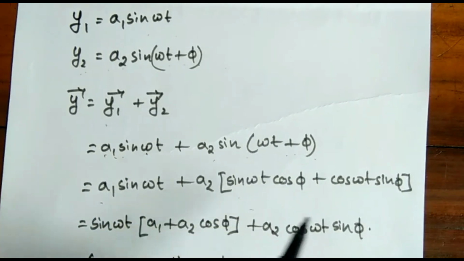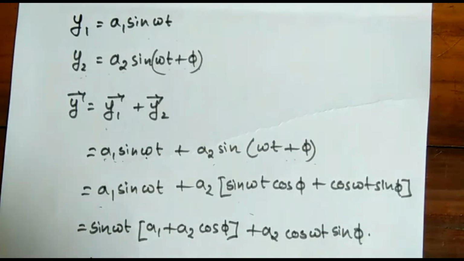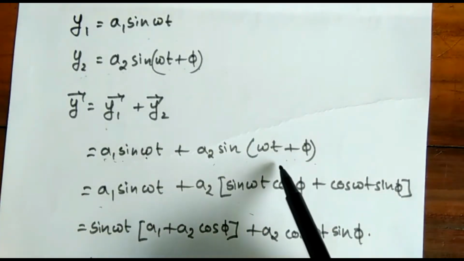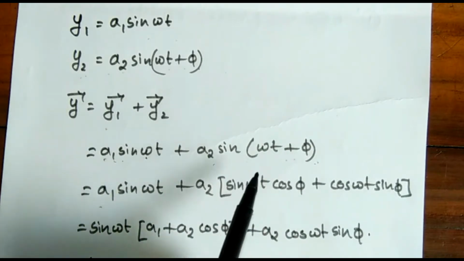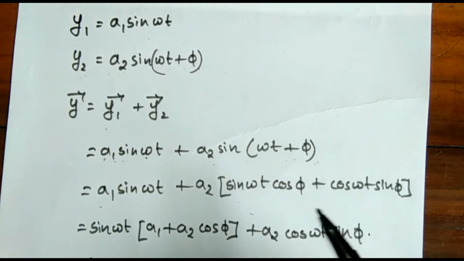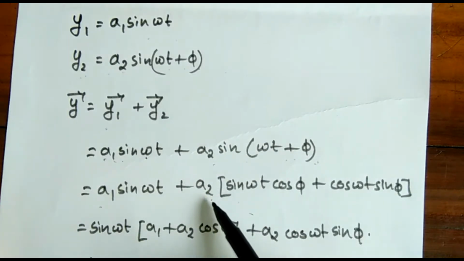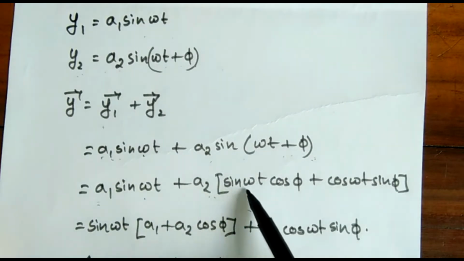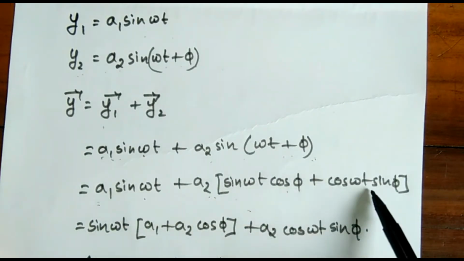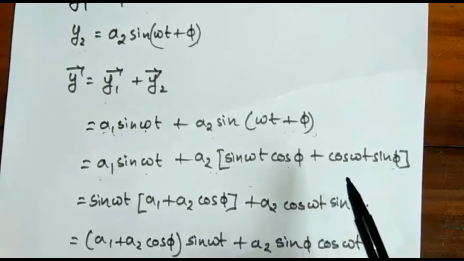Now in the next step we will simplify this a2 sine (omega t plus phi) in the form of the formula sine (a plus b). You know the formula sine (a plus b), so we can write it as a1 sine omega t plus a2 (sine omega t cos phi plus cos omega t sine phi). So this is the formula of sine (a plus b).